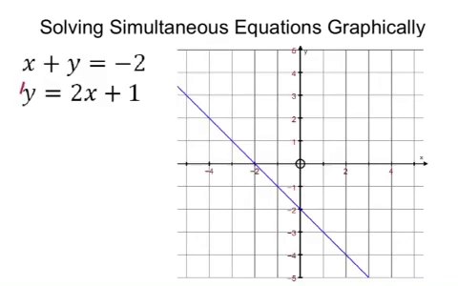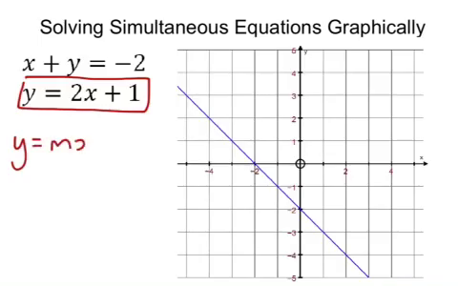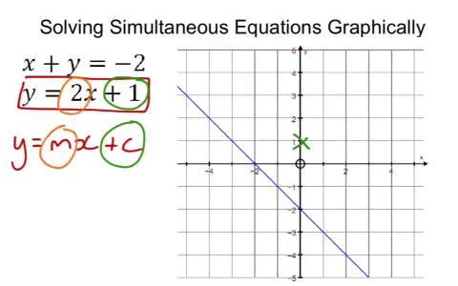The second line, y equals 2x plus 1, is already in the form y equals mx plus c. So we don't need to do any rearranging. We see plus 1 is our value for c, so it's going to go through the y-axis at 1. And this time we have m equal to 2.